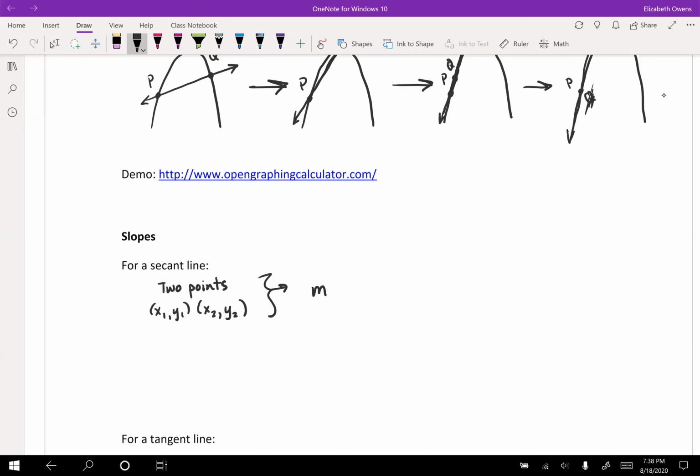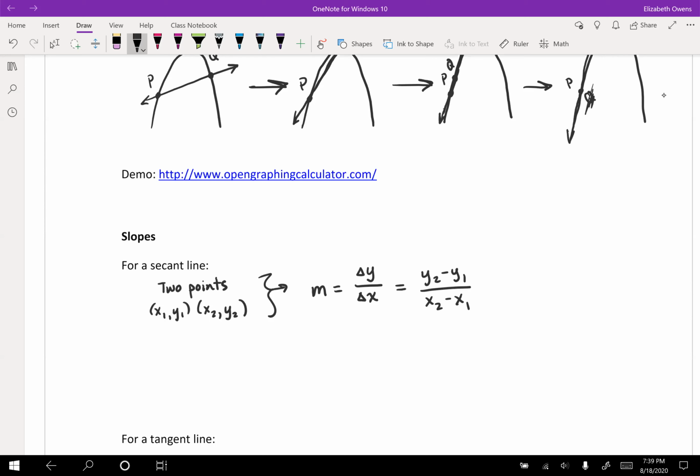Slope m is the rise over run. You may have learned it that way. Rise, or change in the y, divided by run, or change in the x. Well, the change in our y values would be y2 minus y1 over x2 minus x1.